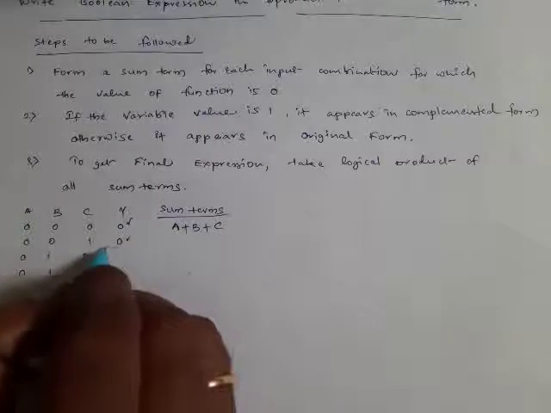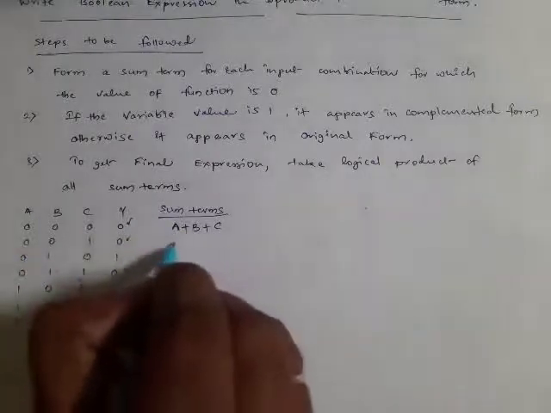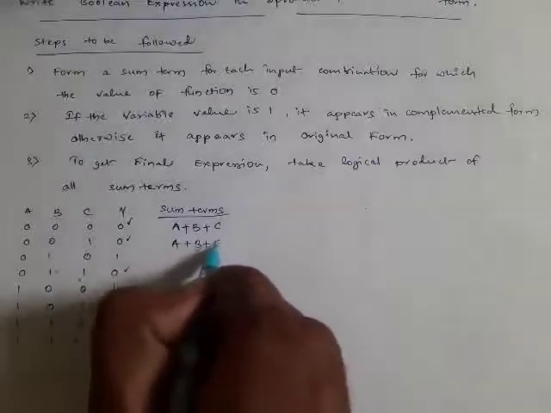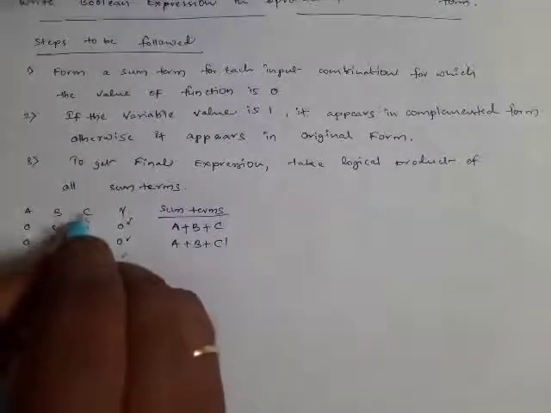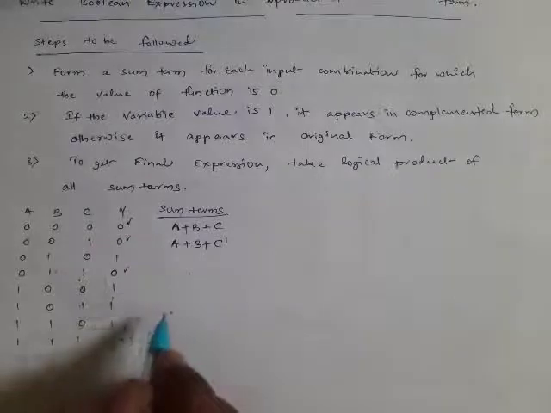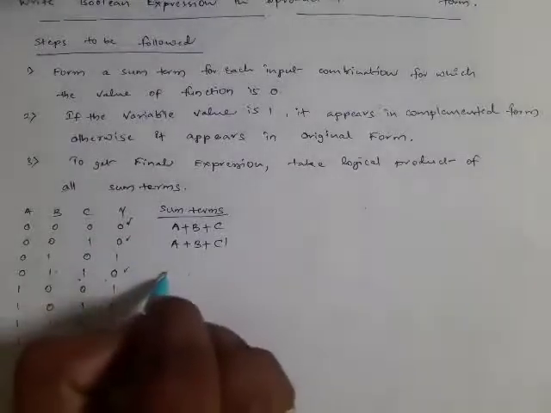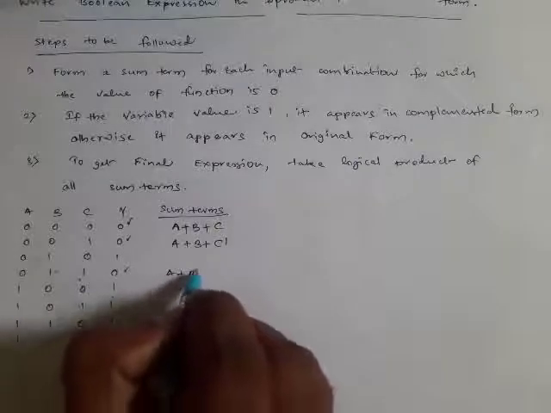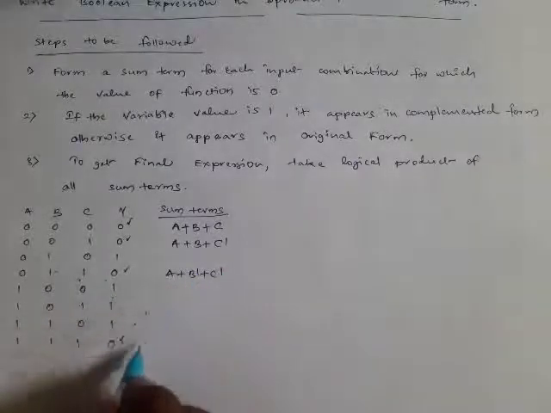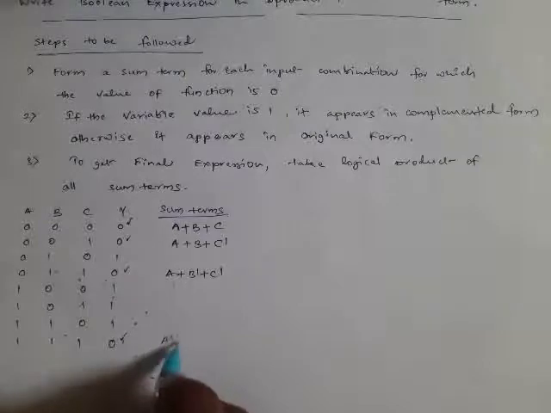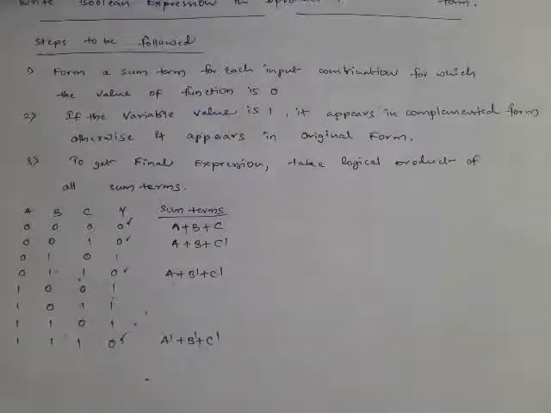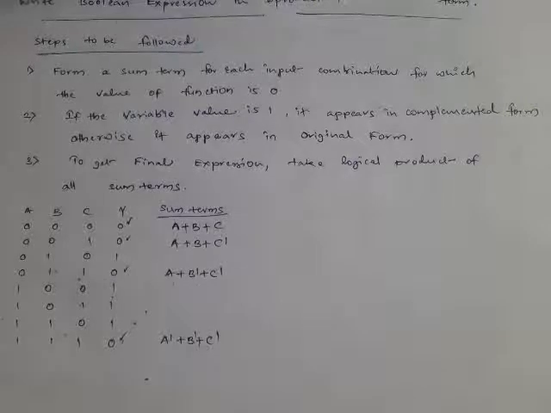Similarly for this case also we write a plus b plus, here it is c bar because the value of c is equal to 1. And similarly for this combination it is a plus b bar plus c bar, and for this combination it is a bar plus b bar plus c bar. So this is how we write the sum terms.